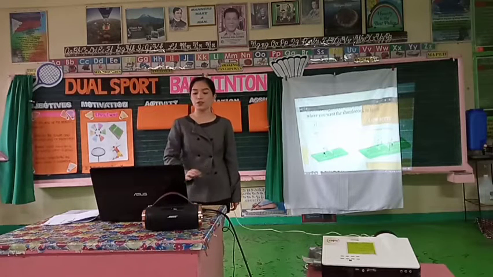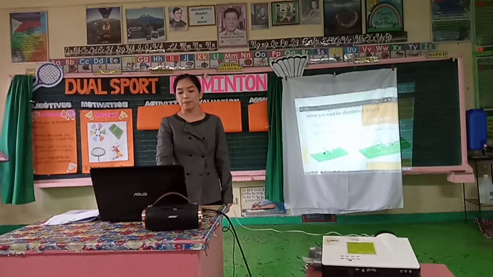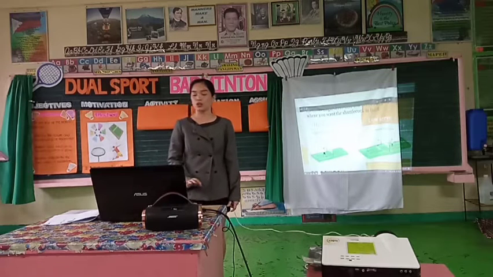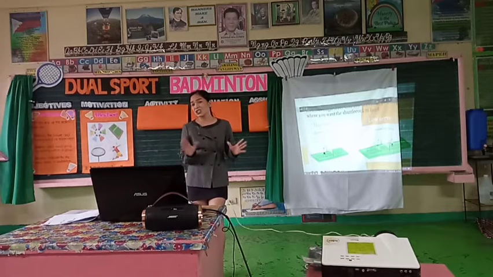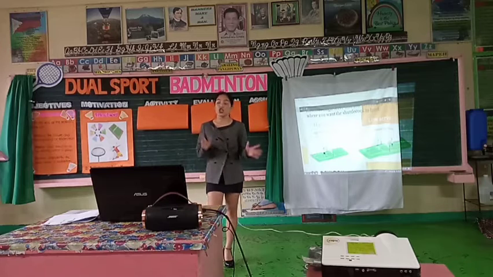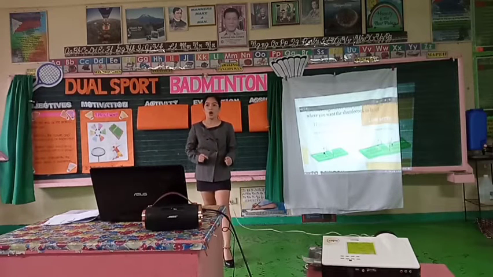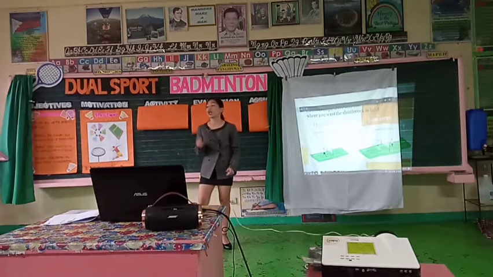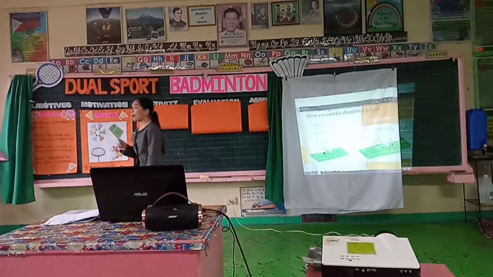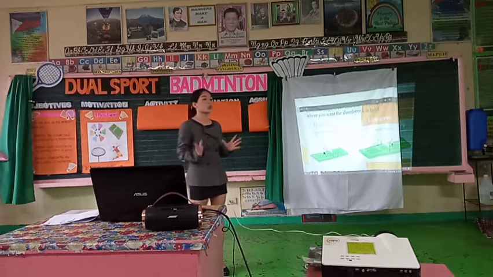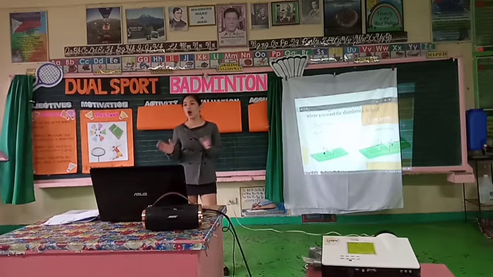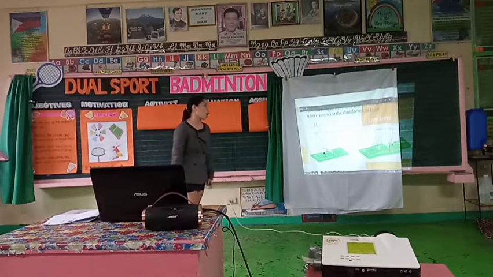The two types of serve are the high serve and the low serve. The high serve, class, is used when you want to force your opponent to run to the back of the court by hitting the shuttlecock near the end of the court.